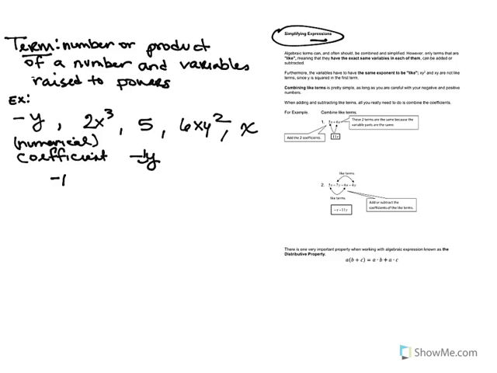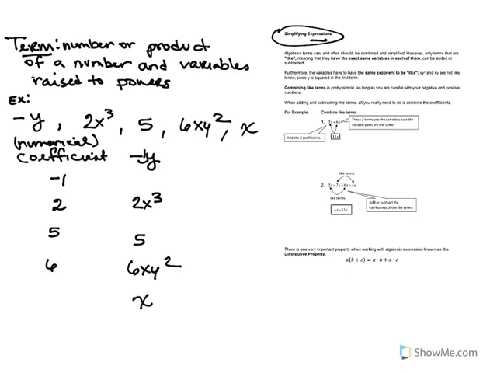Anytime you don't see a visible coefficient, it is an assumed 1, and then that negative means it's -1. In the term 2x cubed, the numerical coefficient is 2. In the term 5, it's just a 5. There's not even a variable component there. In 6xy squared, the numerical coefficient, or just the coefficient, is 6.